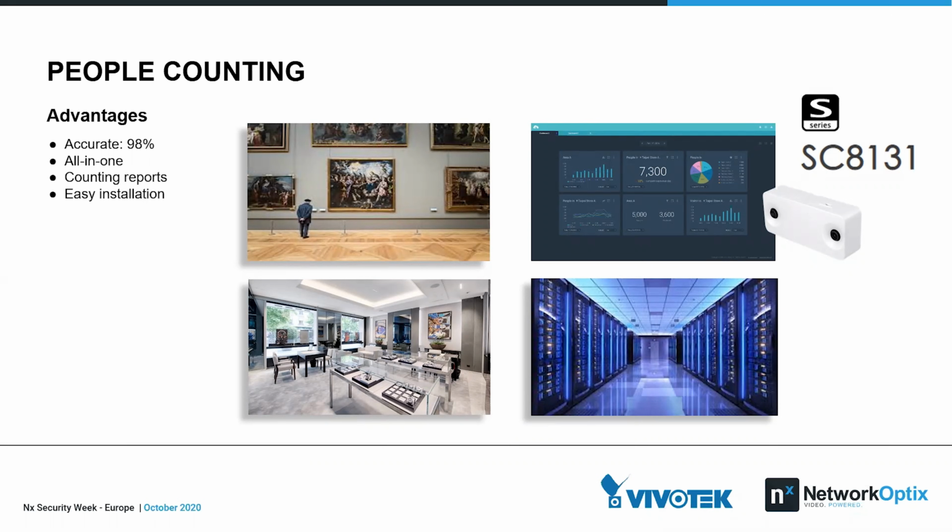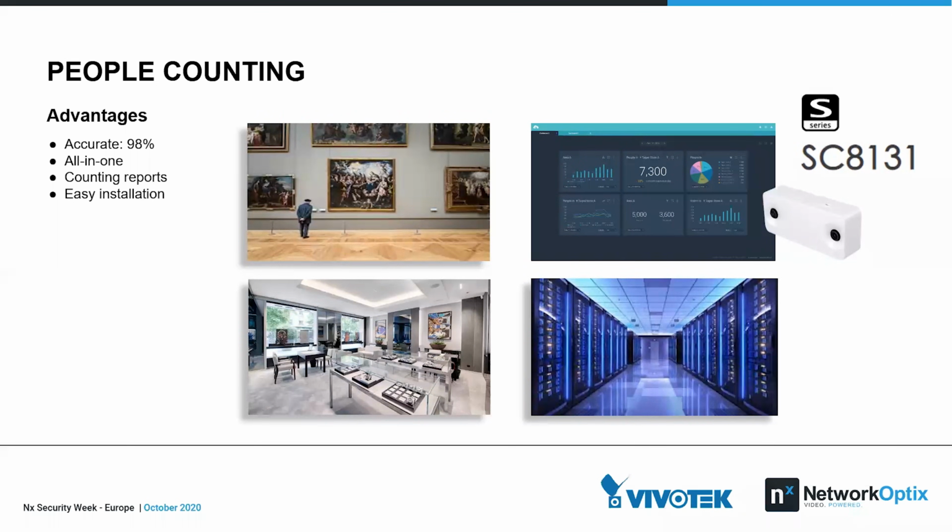So when someone gets under, you see the shape of the person, it recognizes the shoulders, the head, the height, and you can ensure that you are counting a human, not a baby cart, not, I don't know, a bag or a luggage. This is very important, as it allows you to have accurate counting for customers who need this kind of information.